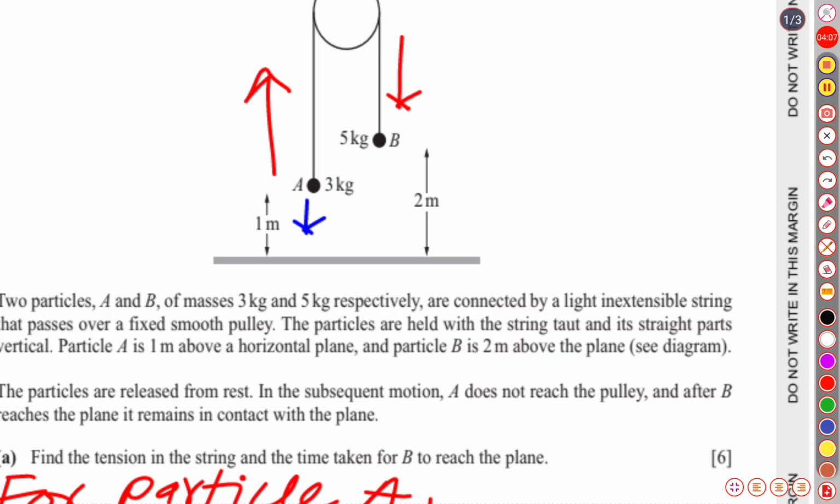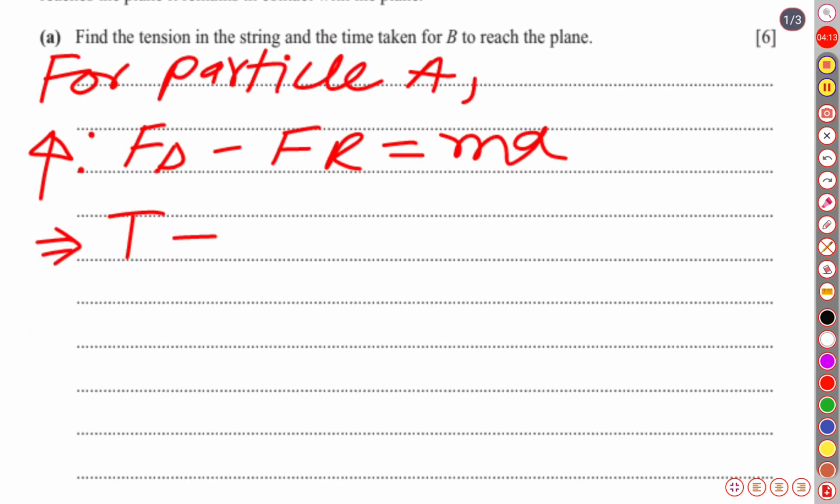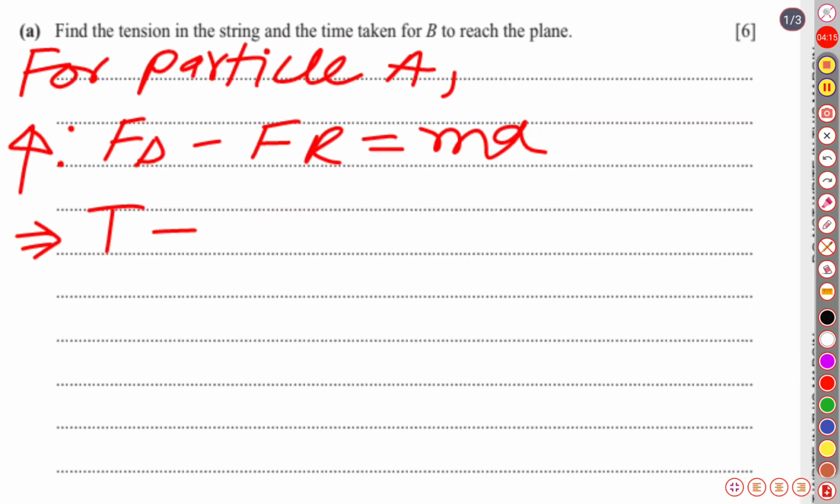So weight is the only resistance force. So how do we resolve the weight? We resolve weight mg cos 0 degree.